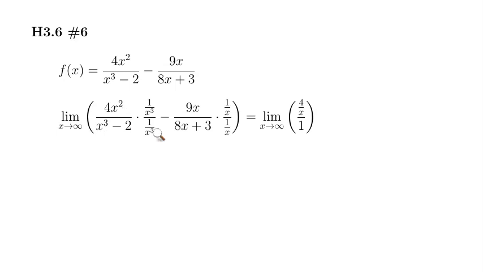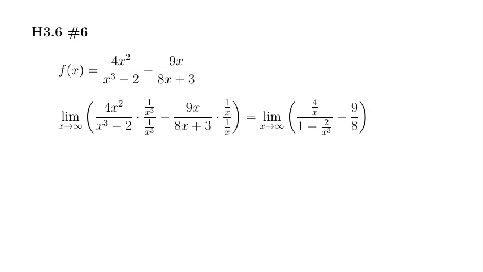The negative 2 divided by x cubed is, of course, negative 2 over x cubed. So this is the first quotient. We do the same on top: 9x divided by x is just 9, and 8x divided by x is 8, so you have 8 on the bottom.